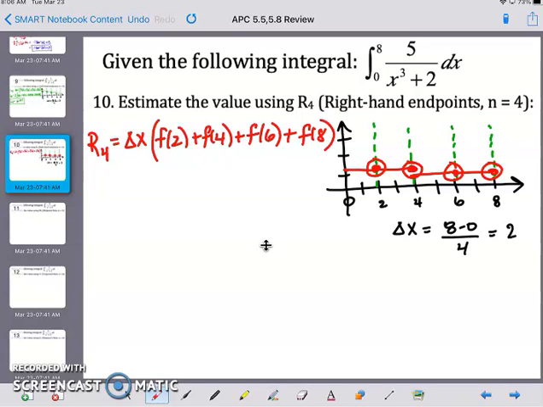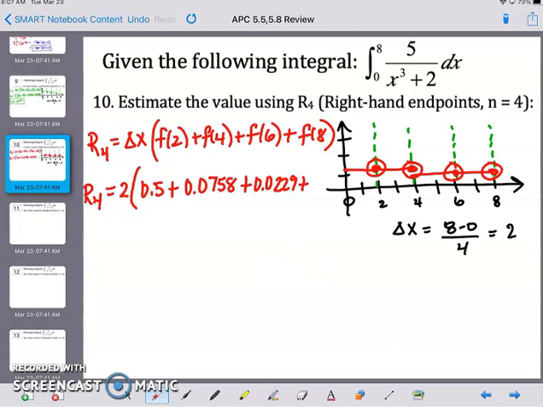All right. Well, 3 of those we already had from our last problem, so we can just go ahead and plug those in. Again, our delta x is 2. Our f of 2 was 0.5. Our f of 4 was 0.0758. Our f of 6 was 0.0229.